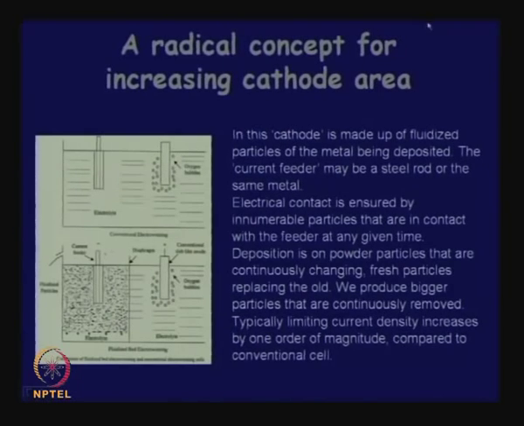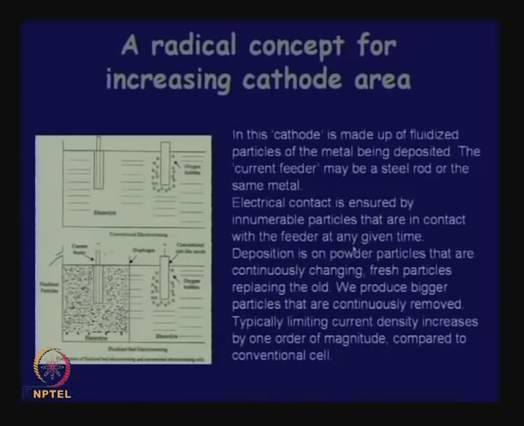So, I will repeat this. In this, the cathode is made up of fluidized particles of the metal being deposited. The current feeder may be a steel rod or the same metal. It can be a sheet also. Electrical contact is ensured by innumerable particles that are in contact with the feeder at any given time and with each other.